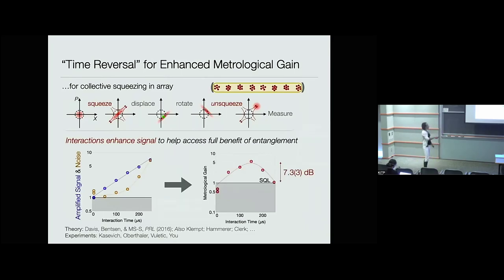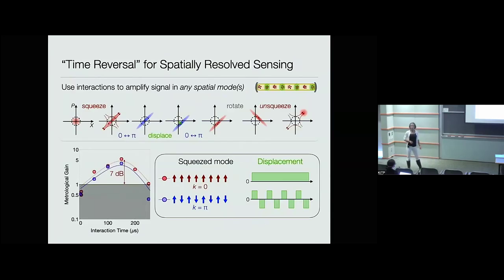This so far is for the collective squeezing in our system, but the neat thing is we can now actually transfer this combination of squeezing and interaction-based readout to any spatial mode. So at least here's an example where we've now said, if I want to be sensitive not to just a global field, but to a spatially oscillating field, then I will map the squeezing onto this mode I call k equals pi, that has this spatially oscillating structure, with some local rotations before I try to sense that field, and later I can again use that same set of local rotations to map the squeezing back to the symmetric mode and amplify the signal in the symmetric mode.